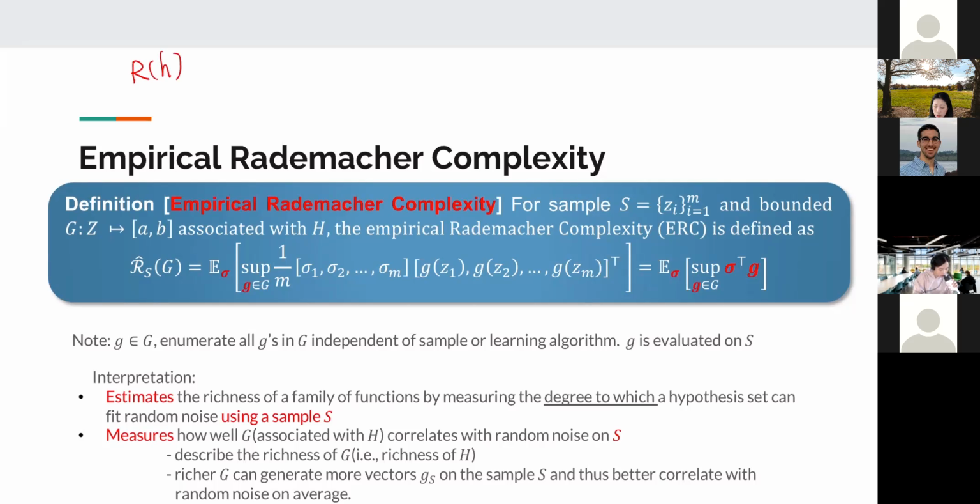With the hat, I'm denoting the empirical Rademacher complexity. It is interesting to note that it depends on the sample, which is why you have a subscript S here. It is for a fixed sample, so I'm not averaging over samples. For a sample, I can define the empirical Rademacher complexity.